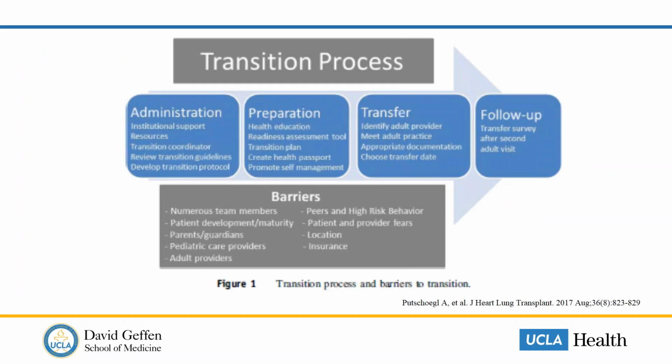So, transition really is, again, a process. This is a nice graphic that puts everything that we talked about together. It brings everybody together: parents, guardians, pediatric providers, adult providers, making sure that insurance isn't a reason for a gap in care, noticing when there might be high-risk behavior on the part of the patient, and then integrating the whole institution, making sure that patients are ready for transfer, and that there's a mechanism in place to make sure that patients don't fall through the gaps.